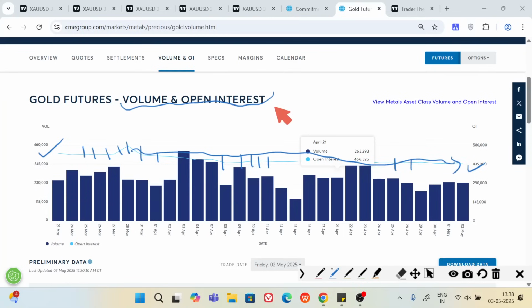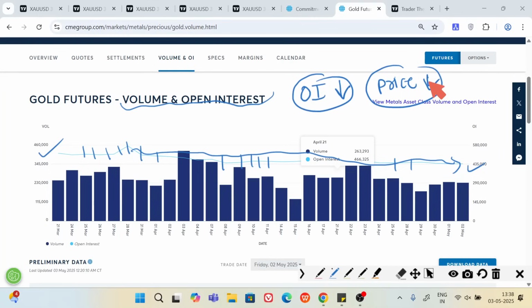So the open interest is also going down, and in the previous week we have seen the gold price also going down. Whenever open interest and price both move down, it gives us a hint that the price can move further down.